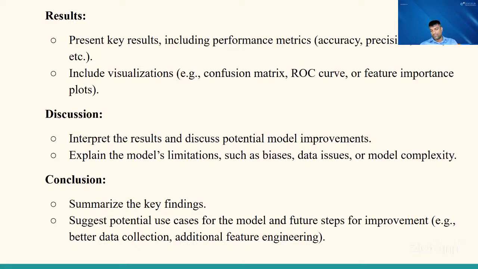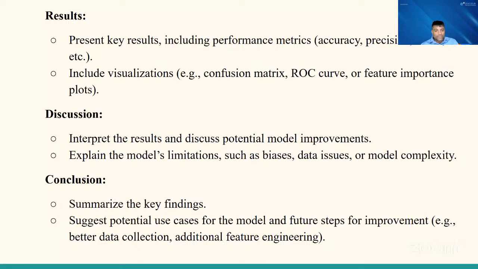model complexity. That comes once we have identified the potential things in the project, what can be done, and what the key things are. Based on that, slowly we can build understanding of the results, and then identify the room for improvement: how we can improve that particular project and how we can proceed further.